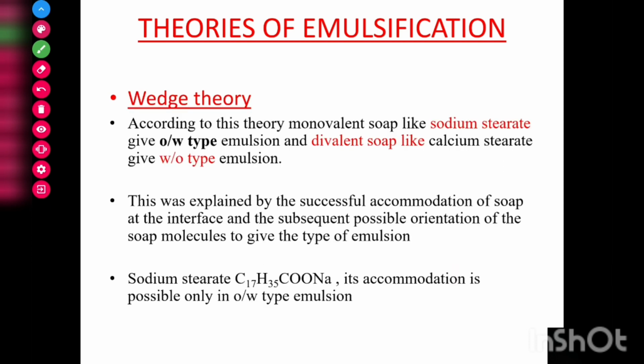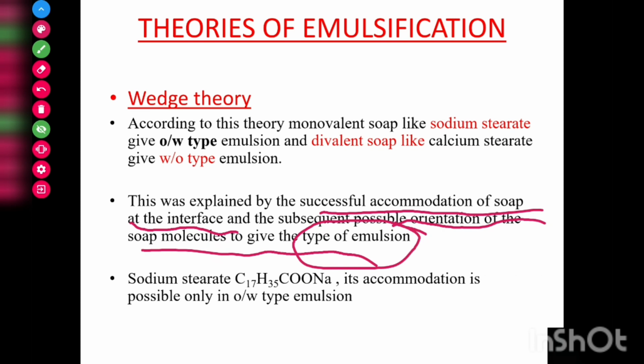Then wedge theory. According to this theory, monovalent soap like sodium stearate gives oil in water type emulsion and divalent soap like calcium stearate gives water in oil type emulsion. This was explained by the successful accommodation of soap at the interface and the subsequent possible orientation of the soap molecule to give the type of emulsion.